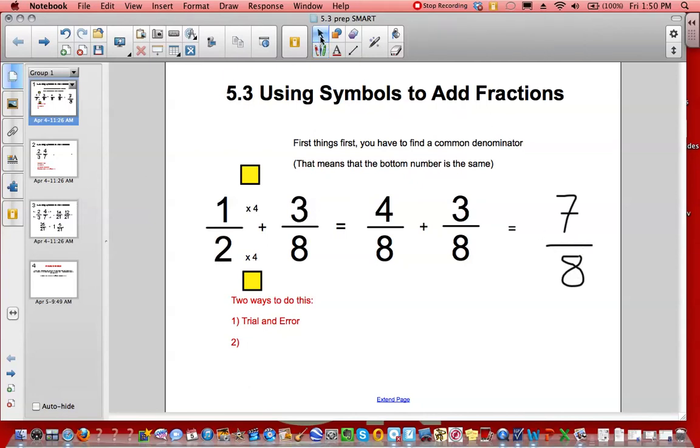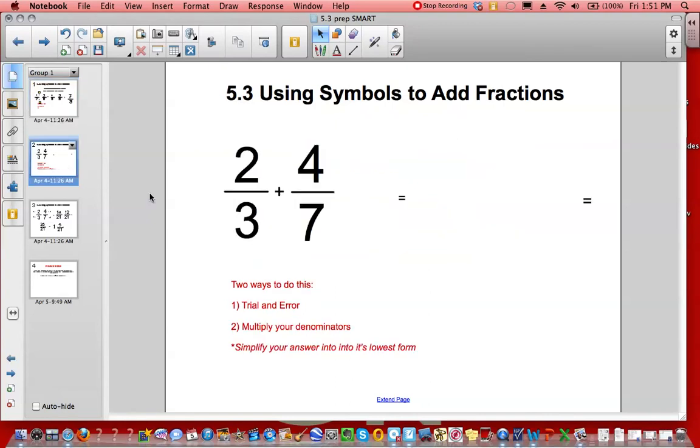Okay, so that's an example where the denominators, the 2 and the 8, are fairly simple to make the same. 2 is a factor of 8, or 8 is a multiple of 2. It was really easy to find that.